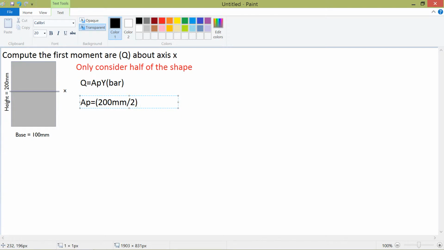That needs to be multiplied by 100 millimeters, which is the thickness or the base. And I just do this math, and that's equal to 10,000 millimeters squared.